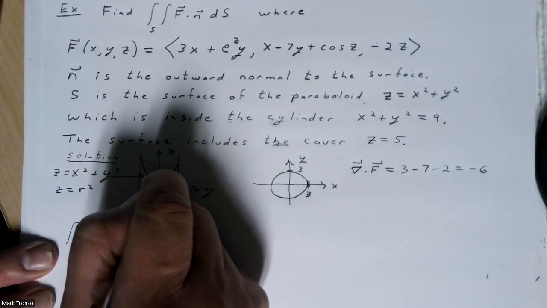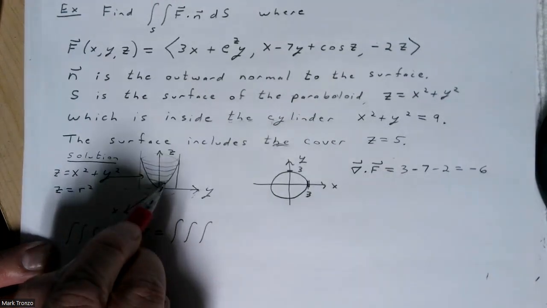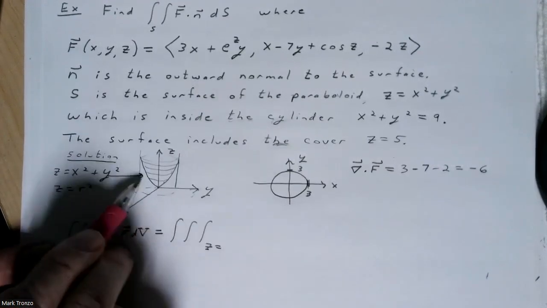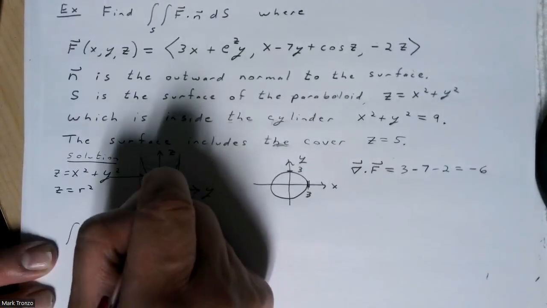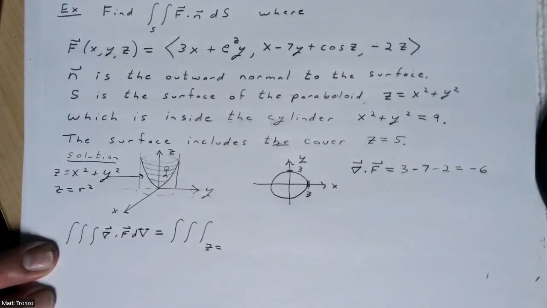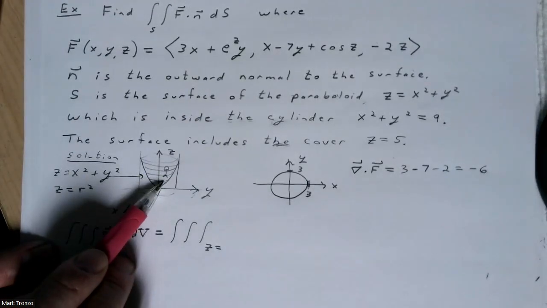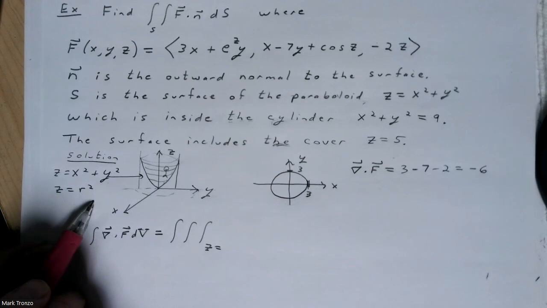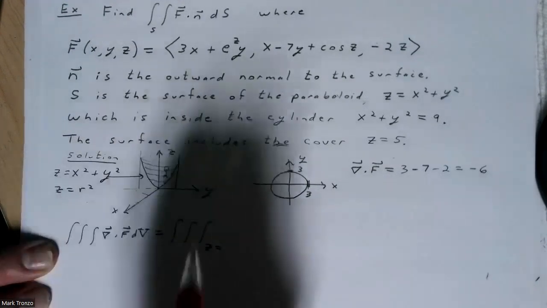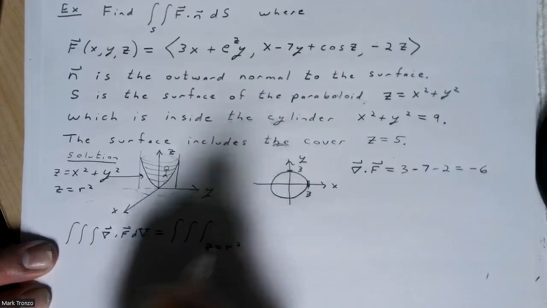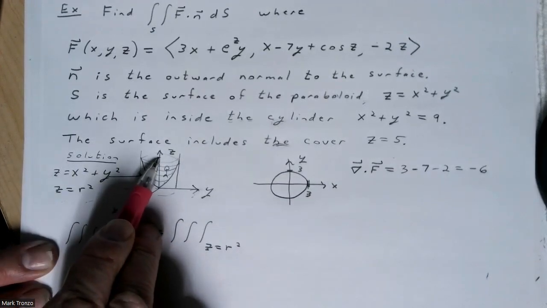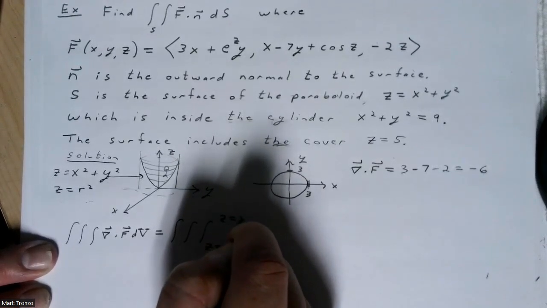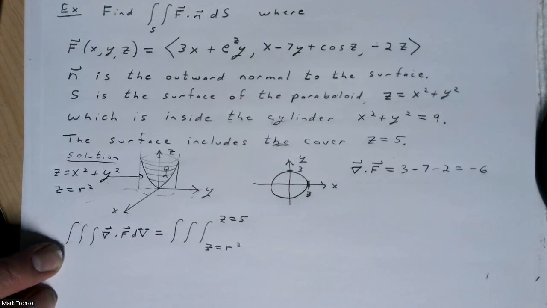So you can imagine starting at the bottom here, z will start at the bottom. Imagine yourself standing inside here. You're going to be standing on this x squared plus y squared, which in polar cylindrical is r squared. So your lower bound is going to be r squared, and your upper bound is going to be this upper surface here, z equal 5, like this.